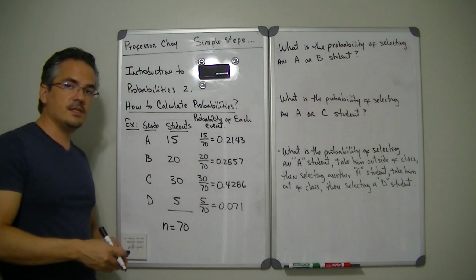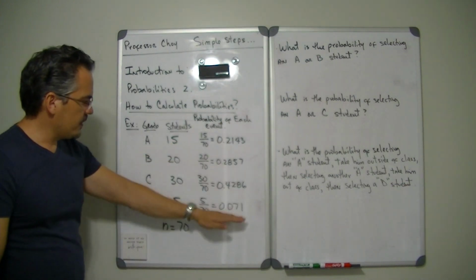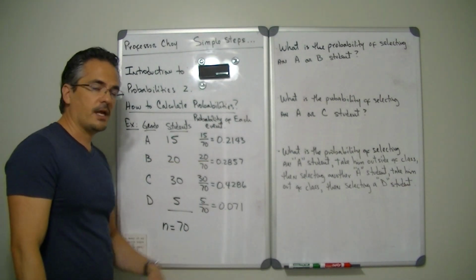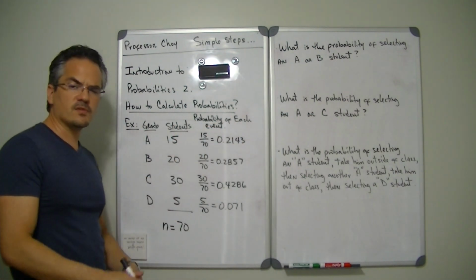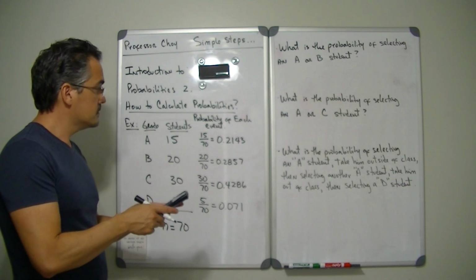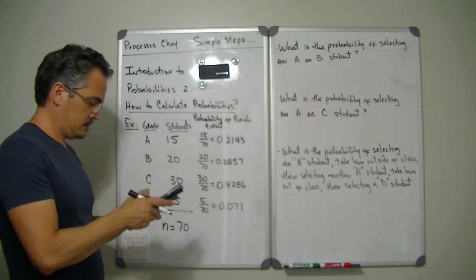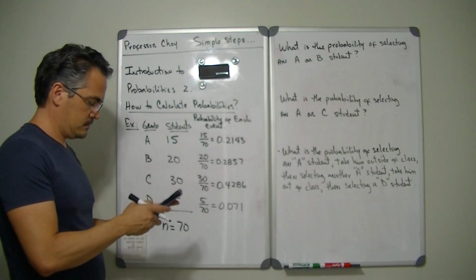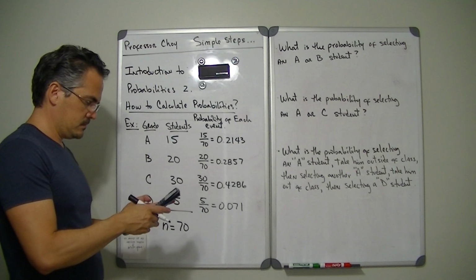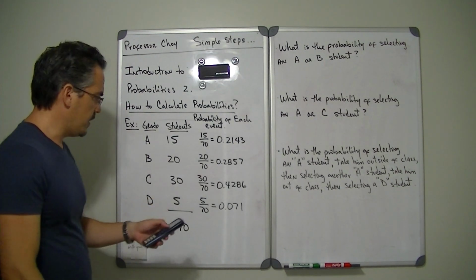Now, if we did this right, when you add up all of these, it should be 1 or very close to 1. Notice that because we have all these decimal places, it may not be exactly 1. Here we go.